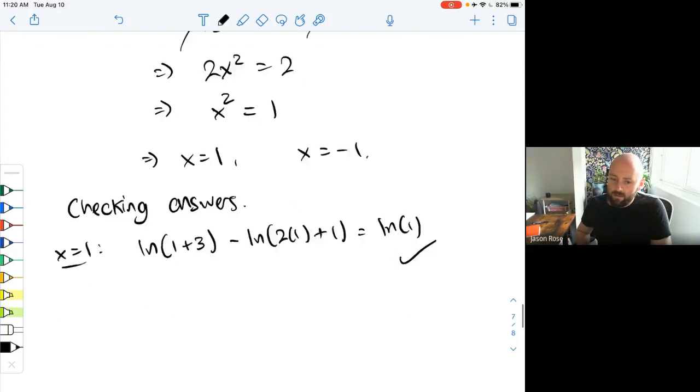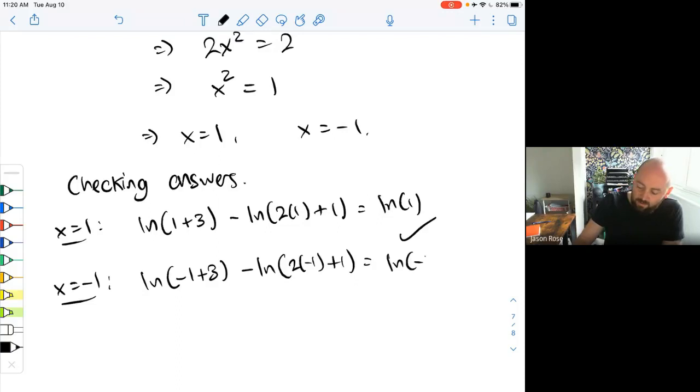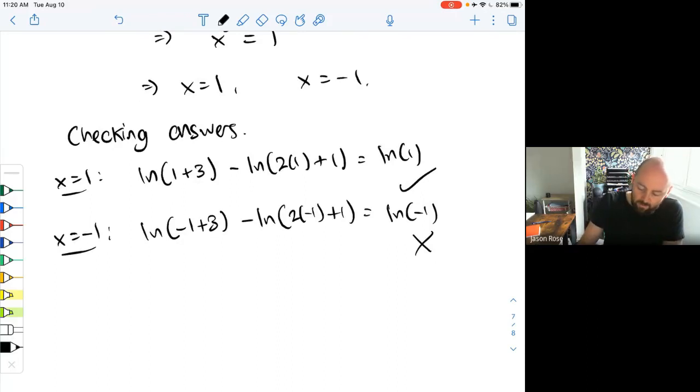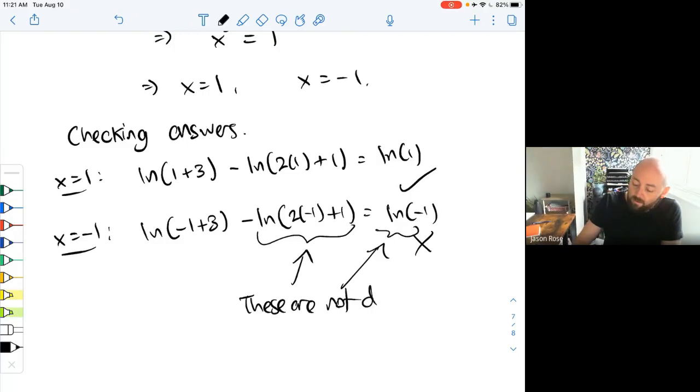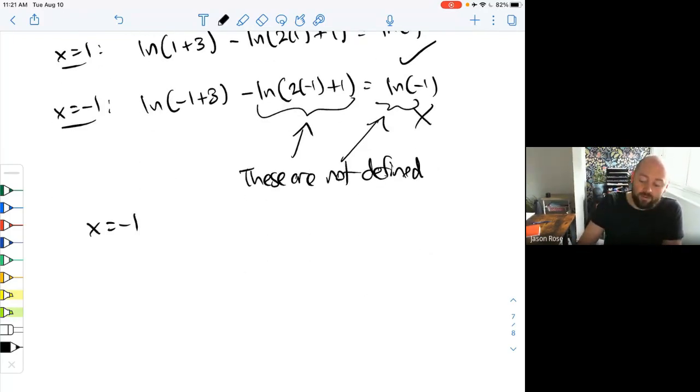I'm not seeing anything negative inside the logs in here. Natural log of minus 1 plus 3 minus natural log of 2 times minus 1 plus 1 is equal to natural log of minus 1. I'm seeing a problem here because this and this, these are not defined. So x equals 1 is a false solution. Sorry, x equals negative 1 is a false solution.